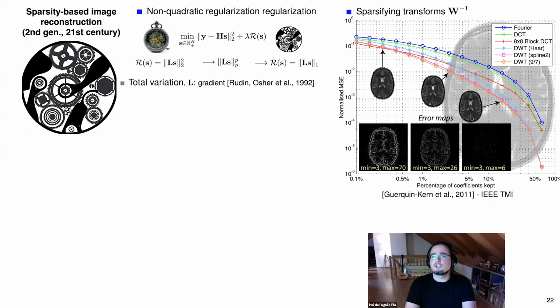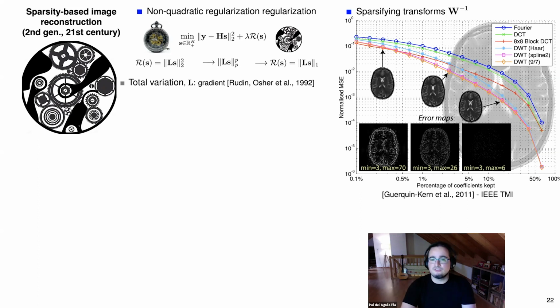More developed approaches come from the concept of sparsifying transforms. This graph is a parallel to the image of the zebra that we saw before, in which we dropped coefficients and then tried to recover the image anyway, and it shows the normalized mean square error as a function of the percentage of coefficients that you keep, in logarithmic scale. What the graph shows is that there are transforms, for example the discrete wavelet transform 9/7, which retain much more information in few coefficients than Fourier did.